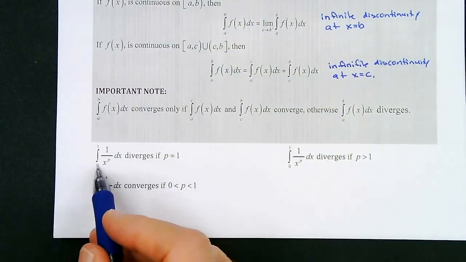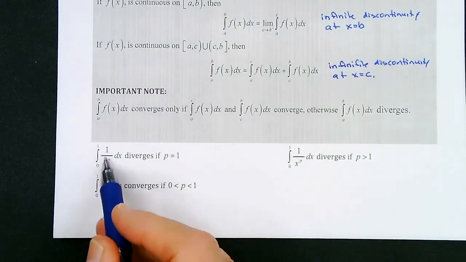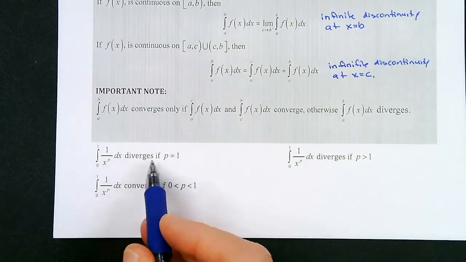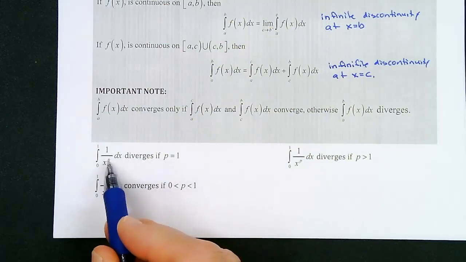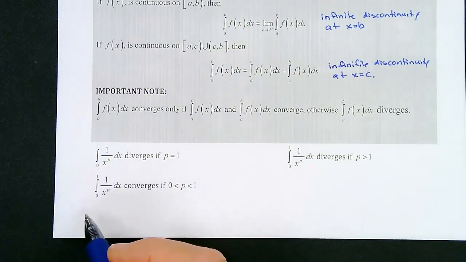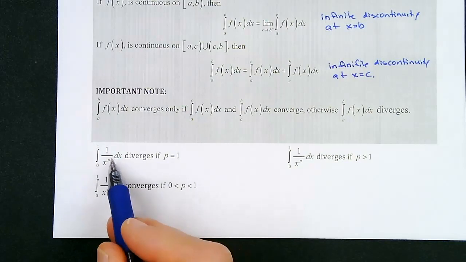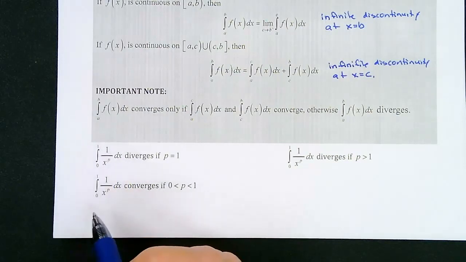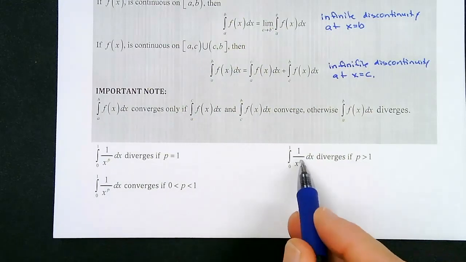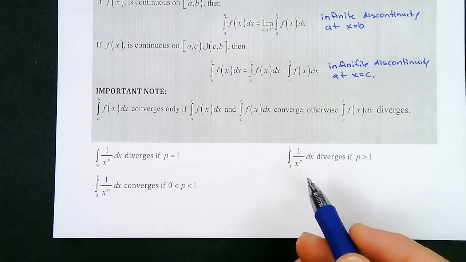If we try to integrate from 0 to 1 of 1 over x to some power p, dx, and this lower limit 0 is where the infinite discontinuity occurs: if p is 1, then we know this integral diverges. We also know it diverges if the power of x is greater than 1.